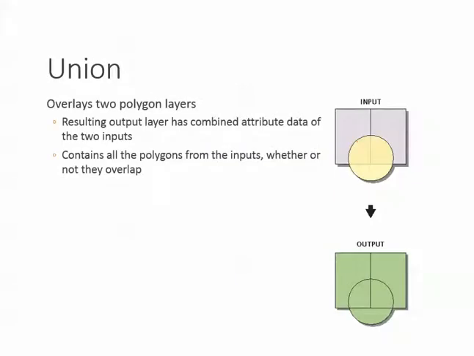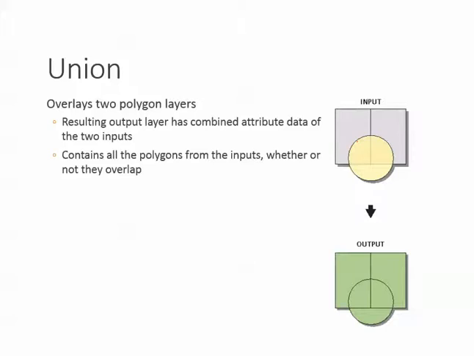So the union tool overlays 2 polygon layers, and the resulting output layer has combined attribute data of the 2 inputs. So it contains all the polygons from the inputs, whether or not they overlap. So this could help to create a better understanding of 2 polygon layers.